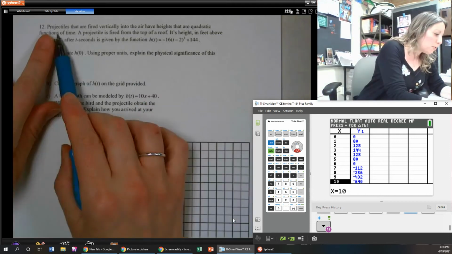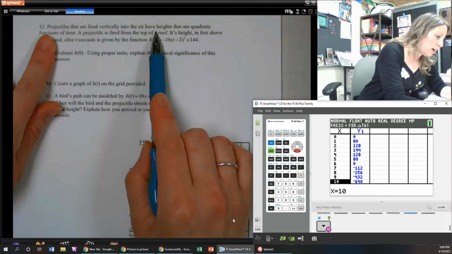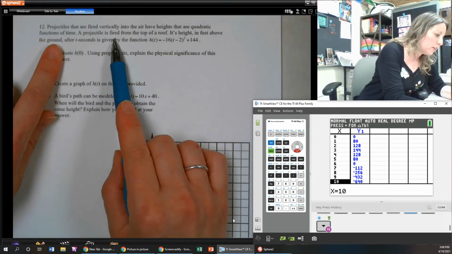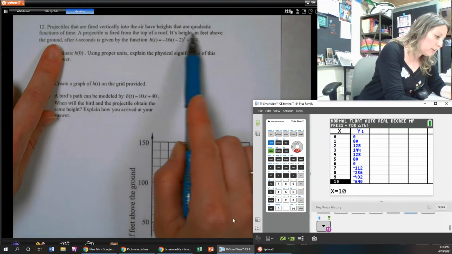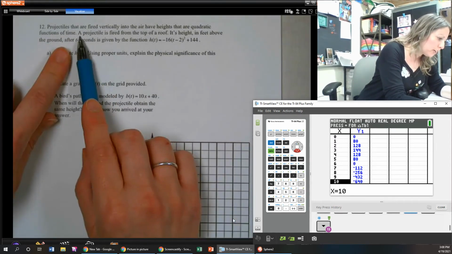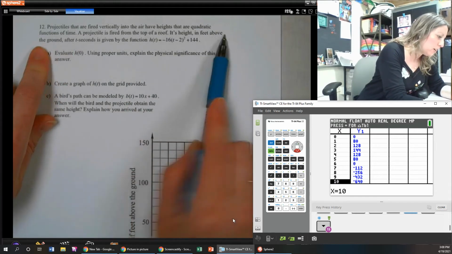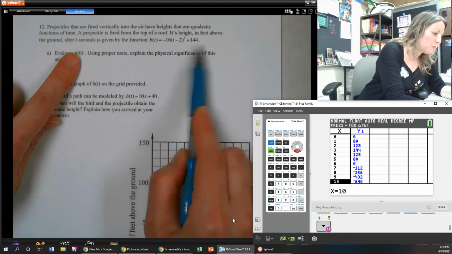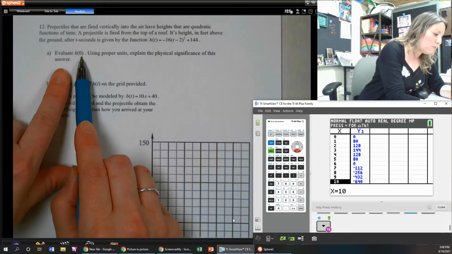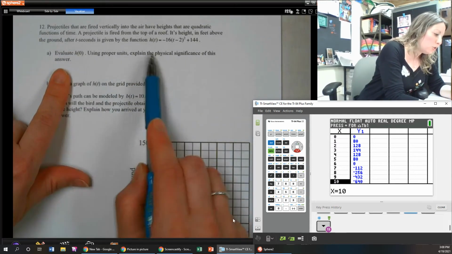So here, projectiles are fired vertically into the air and have heights that are quadratic functions of time. A projectile is fired from the top of a roof, its height in feet above the ground after t seconds is given by this function. So there we have it. Evaluate h of 0, which means evaluate time of 0, using proper units.